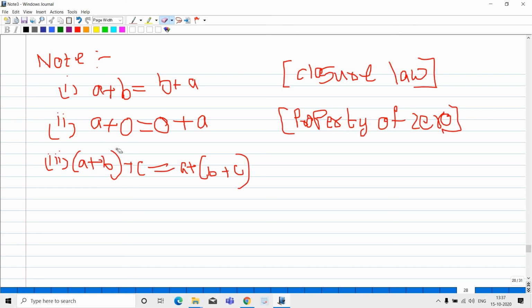And why I'm writing these three laws: here the mathematical operation is combining these two. Associative law. I'm thinking you people understand my writing.